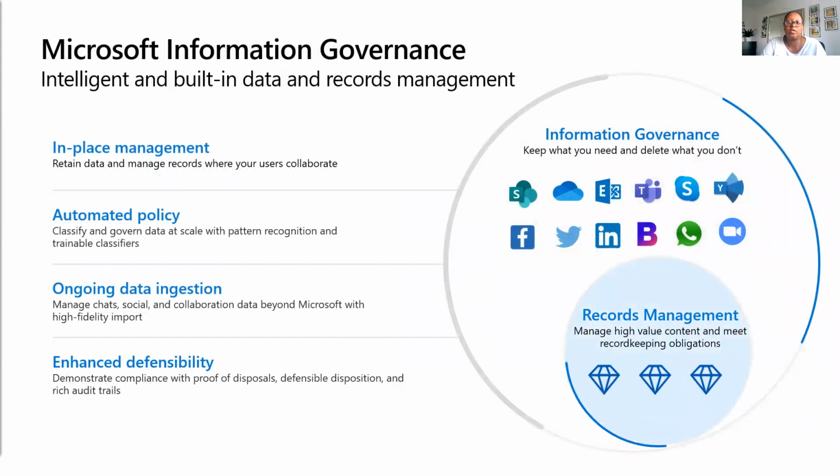Information governance and records management gives you the ability to retain data and manage records based on policies that you set. And this includes Facebook and Twitter for Business if you've integrated those applications into M365. With these tools, you can then demonstrate compliance with things like proof of disposal and audit trails on that data.